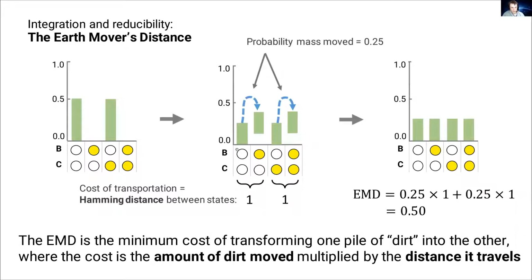We calculate the cost of transforming one probability distribution into the other, which is calculated by the distance you have to move in terms of Hamming distance, and by the mass you have to move. In this circumstance, you're moving 0.25 from each of these columns, so it's 0.25 by 1 plus 0.25 by 1, which gives you 0.5 earth mover's distance.